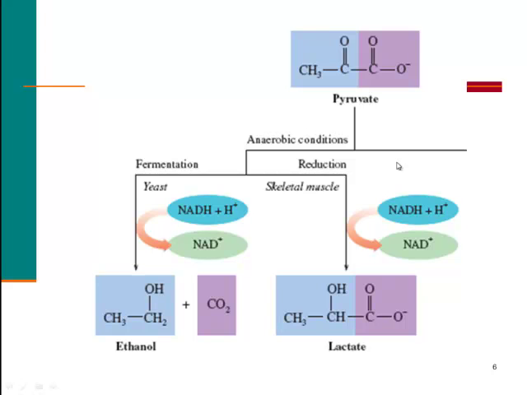So again, this is our pyruvate molecule. In skeletal muscle, all 3 carbons of our pyruvate molecule will remain intact, and that will generate the molecule lactate or lactic acid. Now this is the molecule that we're going to think about a little bit more in the next couple of slides.